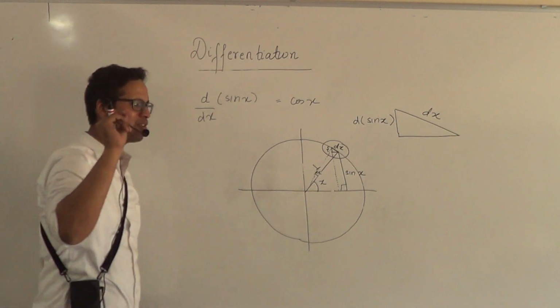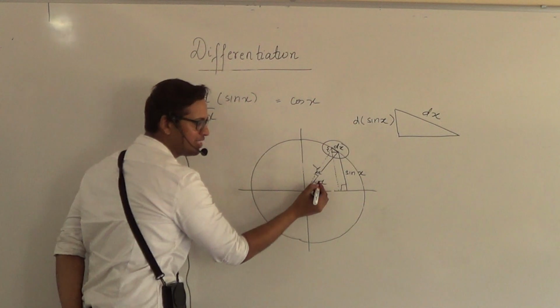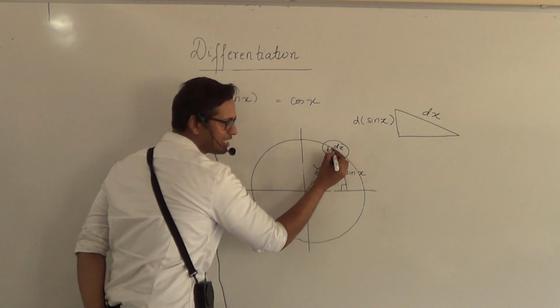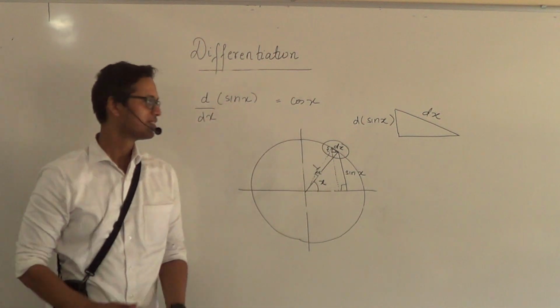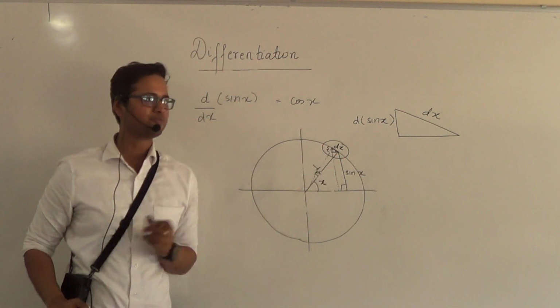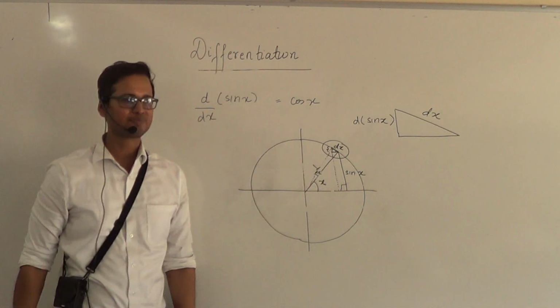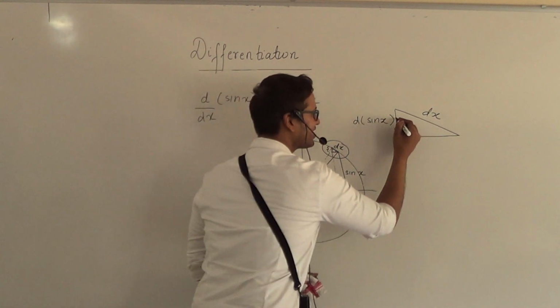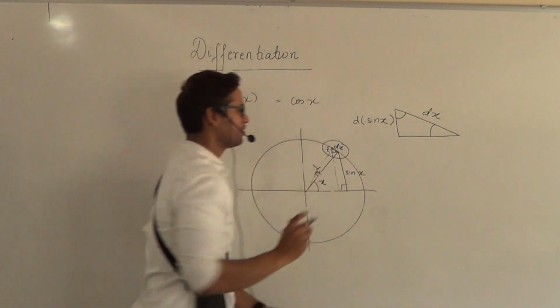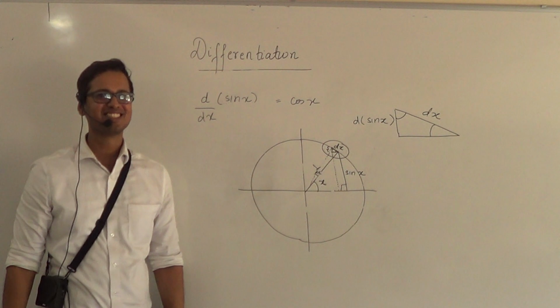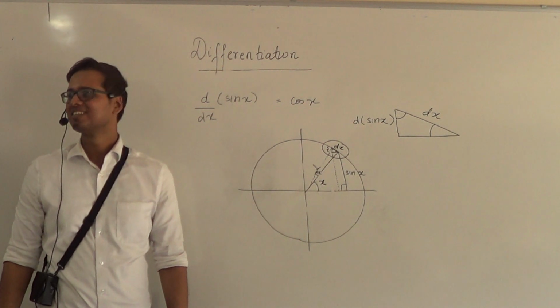Now a simple question I want to ask you: if this is x, then which angle is x? This angle or this angle? The top one or the bottom one? Please think. It's the top one.